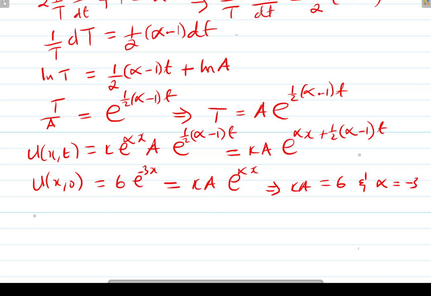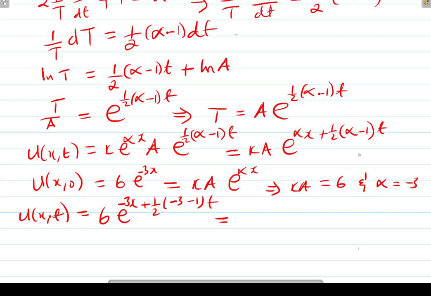And then if that is the case, you just substitute into u of x,t. So you have 6 e to the power of negative 3x plus half, open bracket, not 3, it will be negative 3 because we found alpha is negative 3 here, minus 3 minus 1, close bracket t.